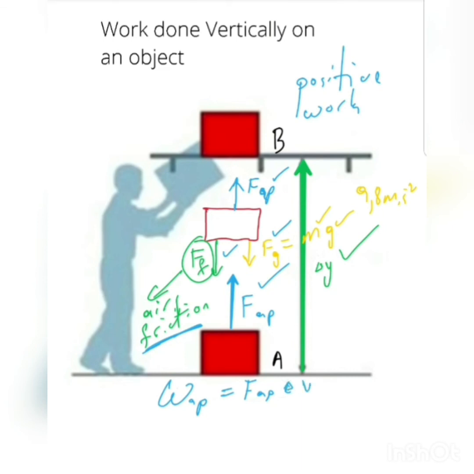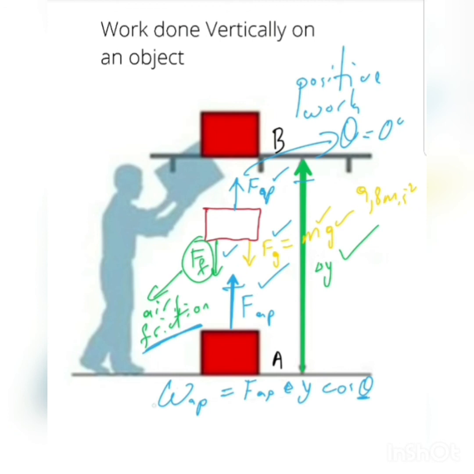Why is that the case? It is because our object is moving vertically, and our theta in this case is going to be theta equals 0 degrees. Why is that the case? It is because the applied force and the displacement are in the same direction.